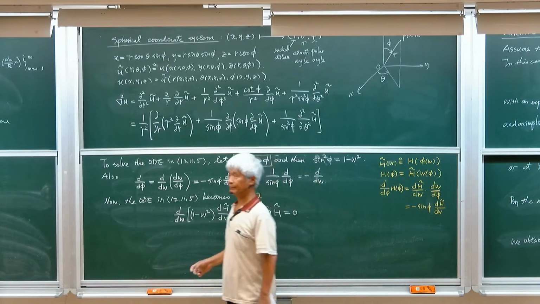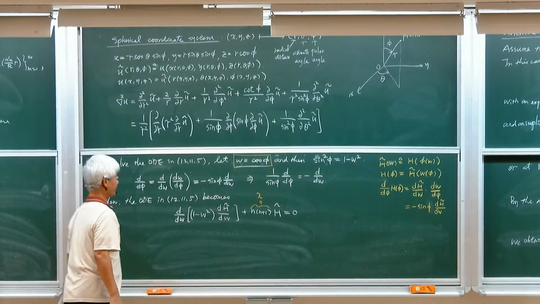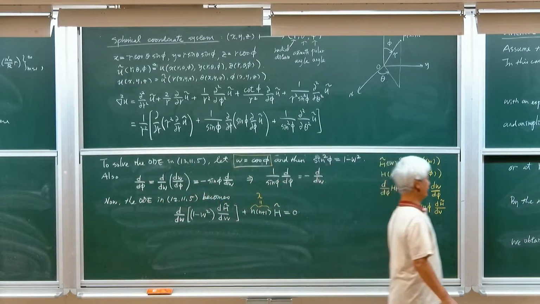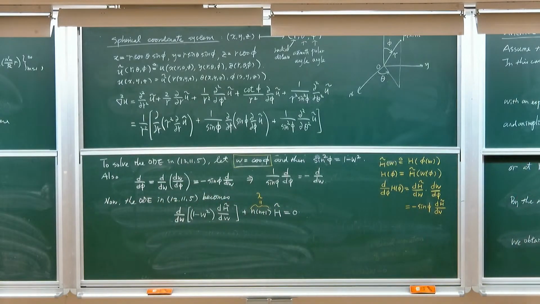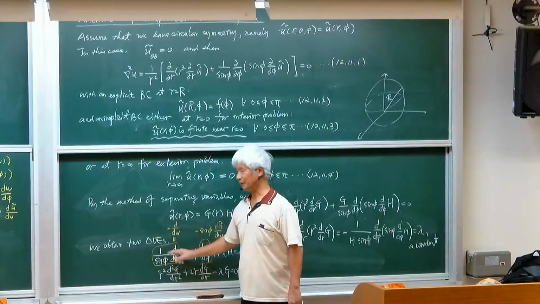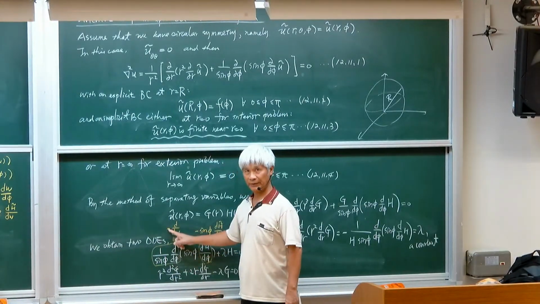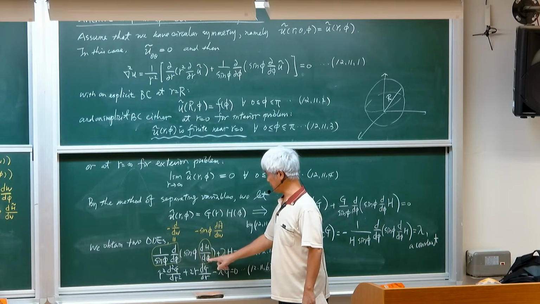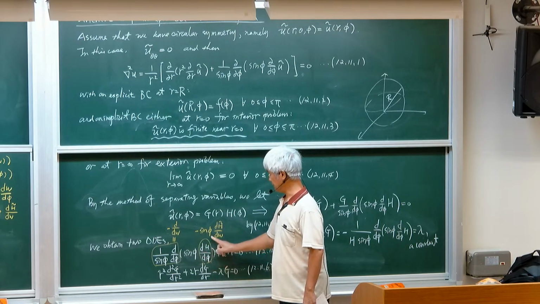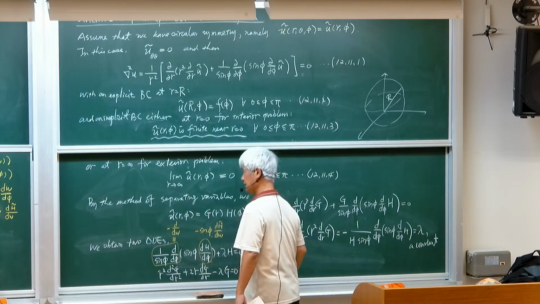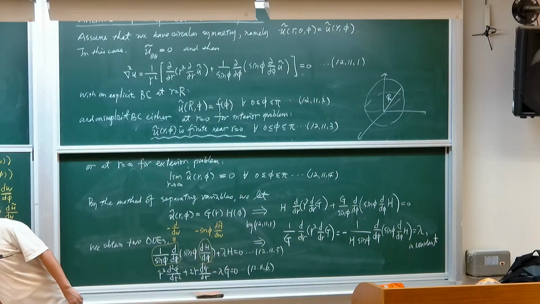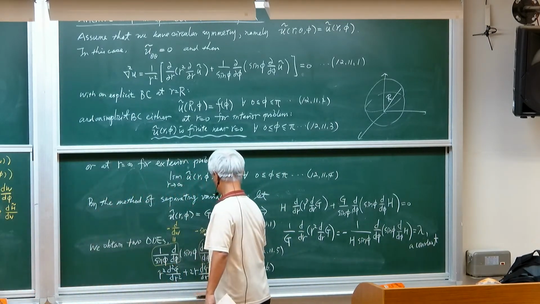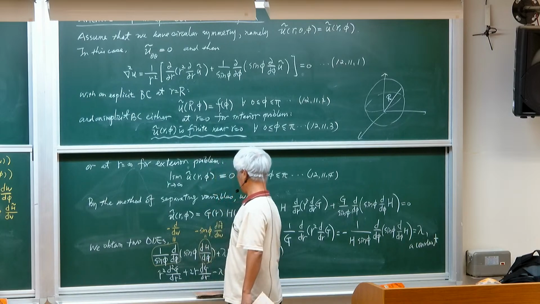Any questions? Okay, so the differential operator here, this is equal to this one, right? And the derivative of h with respect to phi is equal to this one. Okay. So this is equal to this one. Okay.